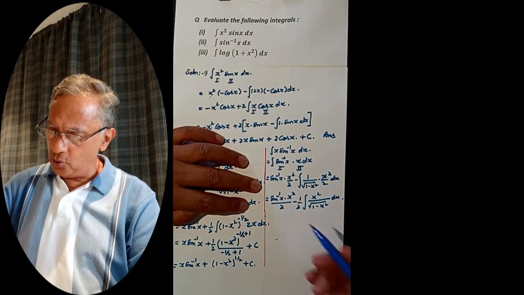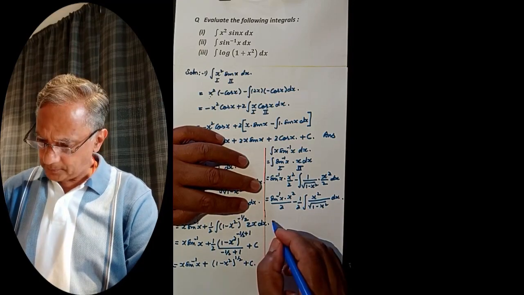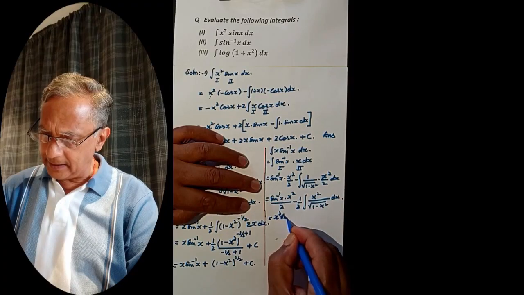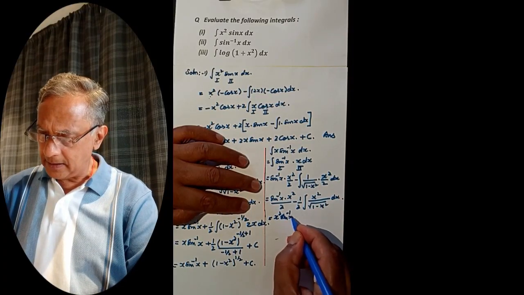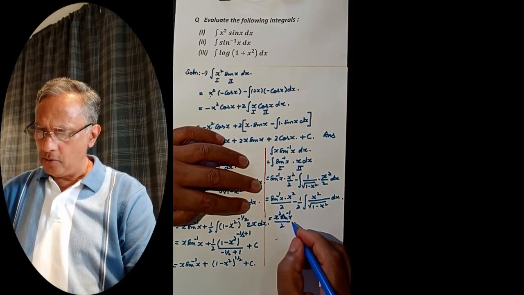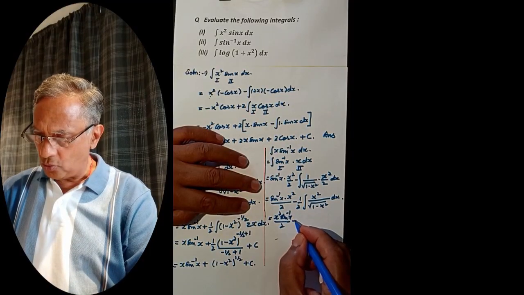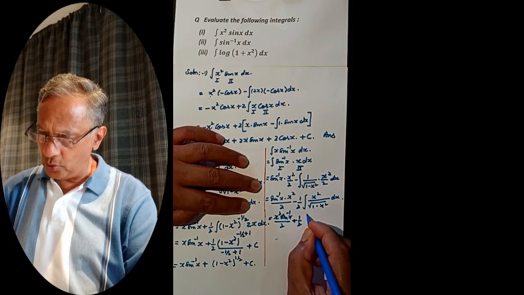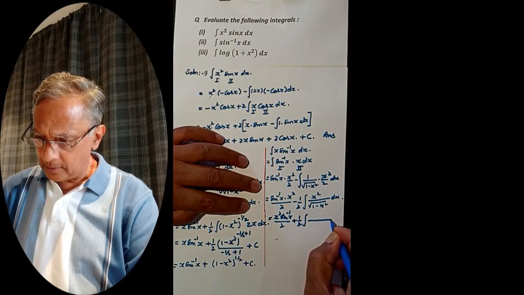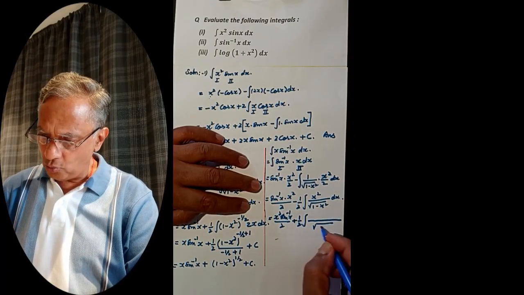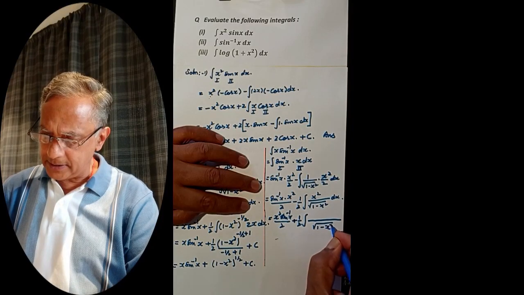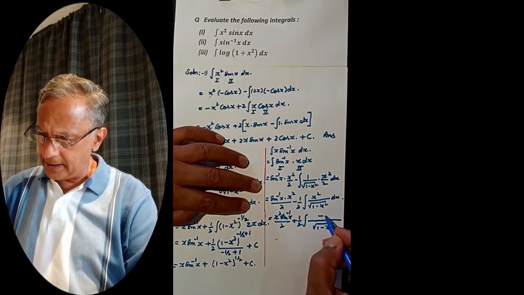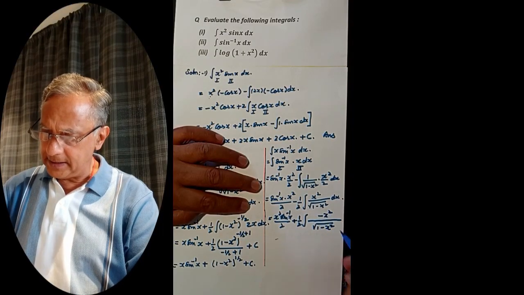So we will write this as x square sine inverse x by 2 minus, or we take minus inside, 1 by 2 integral under root 1 minus x square, and this minus I have taken inside. So this will be minus x square.